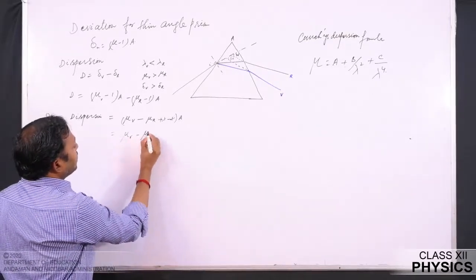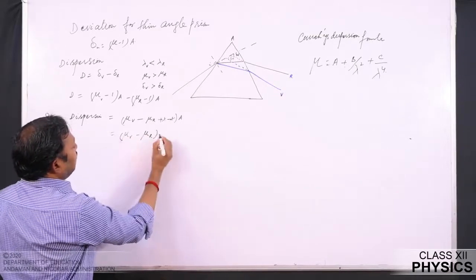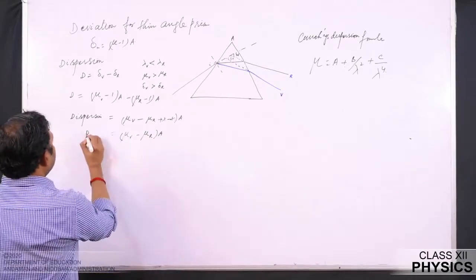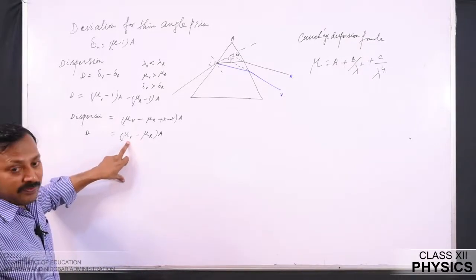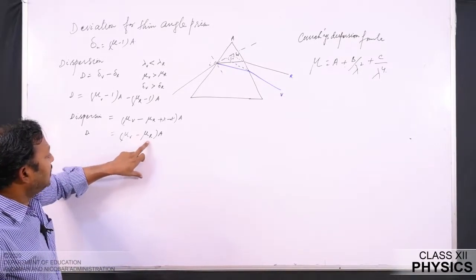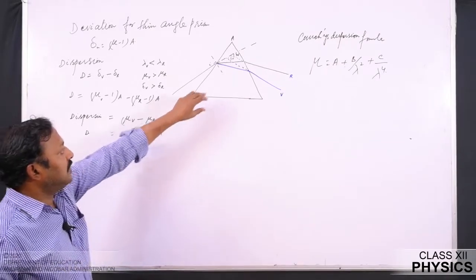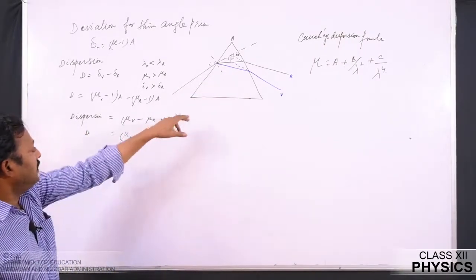So, the formula for dispersion is given by the refractive index of violet light minus the refractive index of red light multiplied by the prism angle.